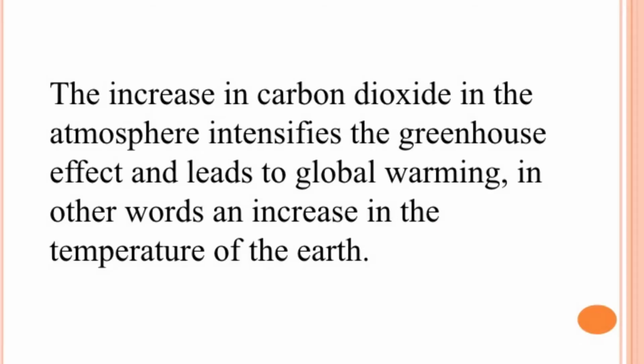These radiations are converted into heat energy, which brings about the warming of the lower atmosphere. The increase in carbon dioxide in the atmosphere then intensifies the greenhouse effect and leads to global warming. In other words, global warming results in an increase in the temperature of the earth.